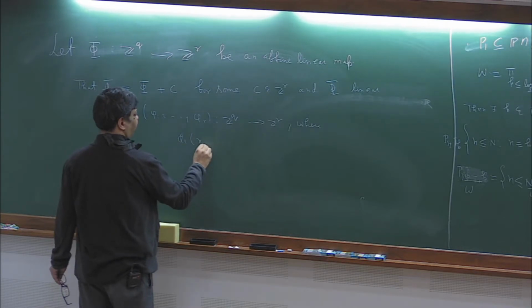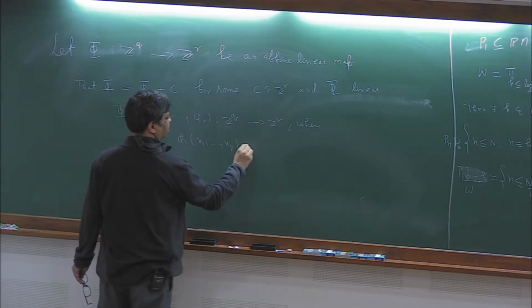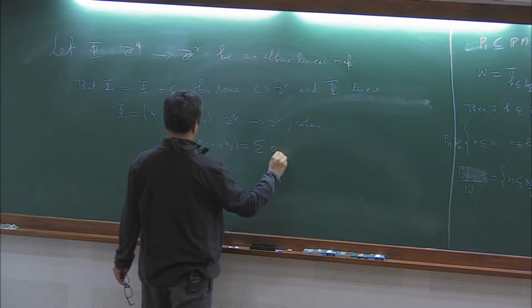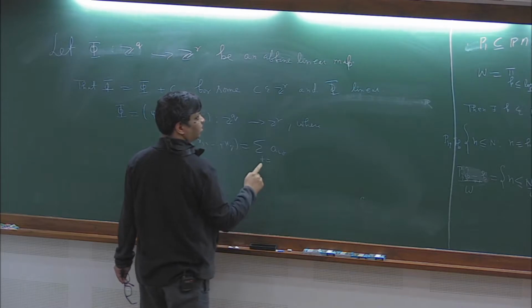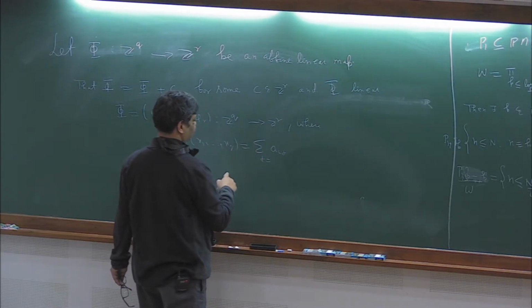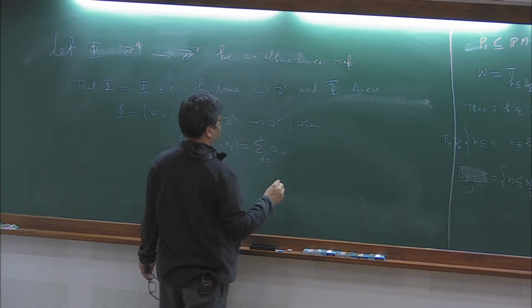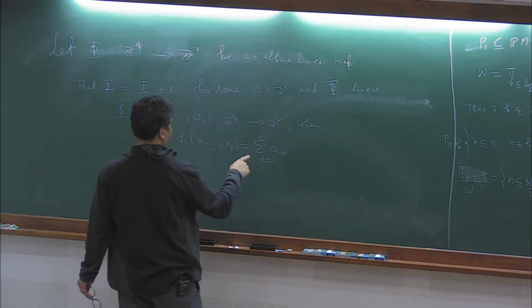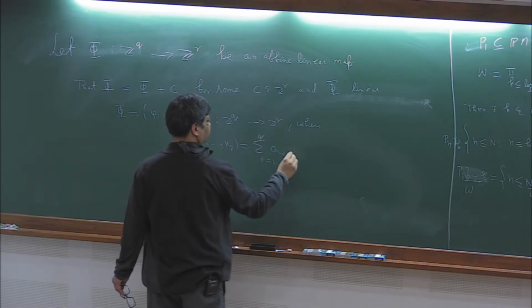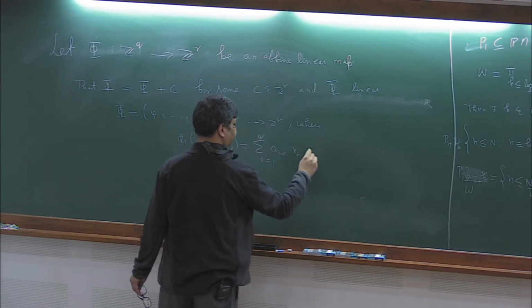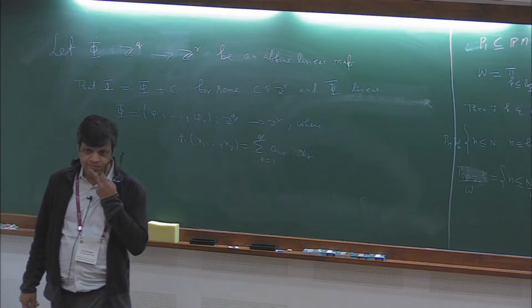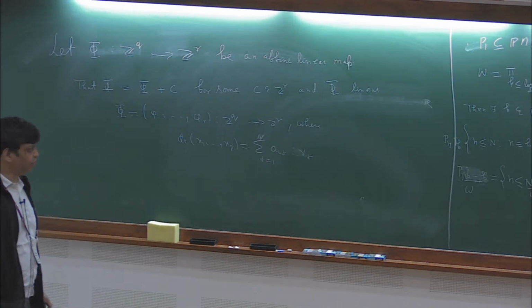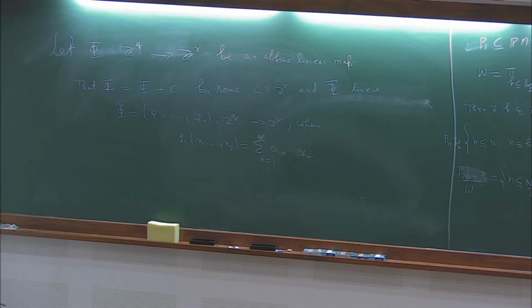where phi i of x1 through xq is equal to the summation of a_ij x_j, j equal to 1 to q. Okay. That is what it means.